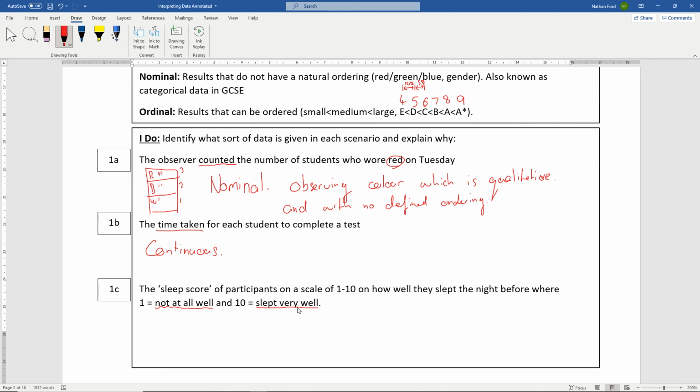So the differences between a 1 and a 2 are not going to always be the same. But the point being, this will be ordinal because it is qualitative, because we're talking about the words themselves. It's a descriptive result, and it is orderable. You can order it.